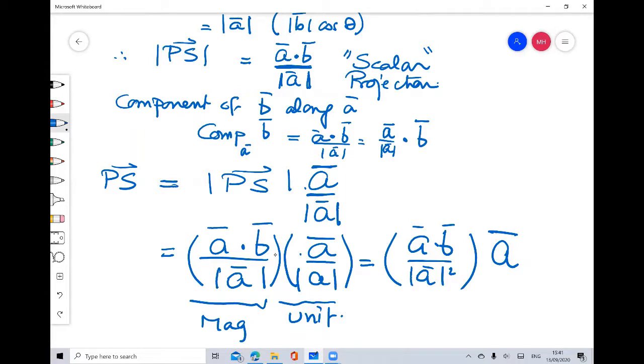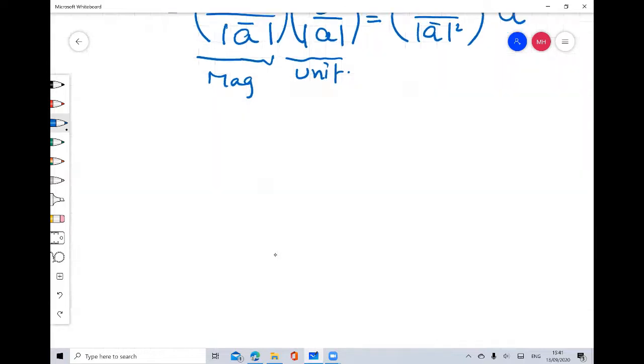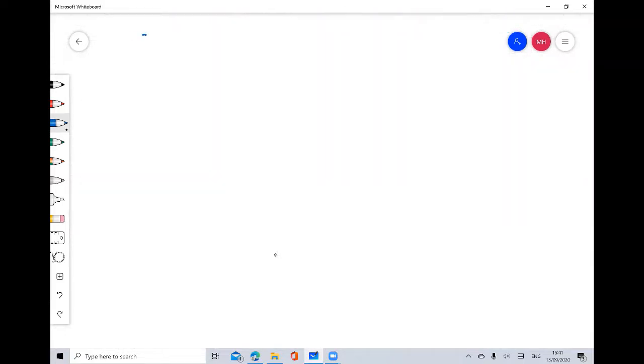Let's take a simple example. Let's say I have two vectors A and B. Let's write some specific example.